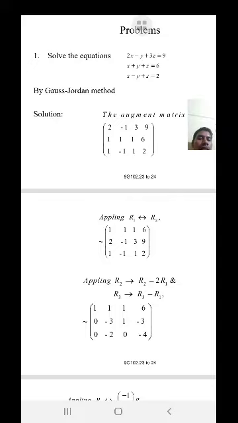Then we get, identically equals to, 1 1 1 6, 0 minus 3 1 minus 3, 0 minus 2 0 minus 4.